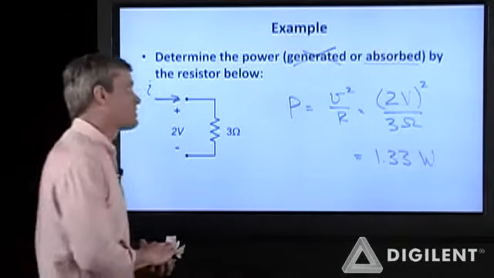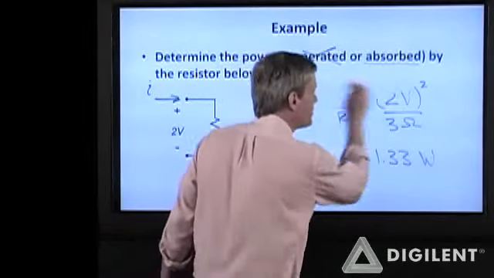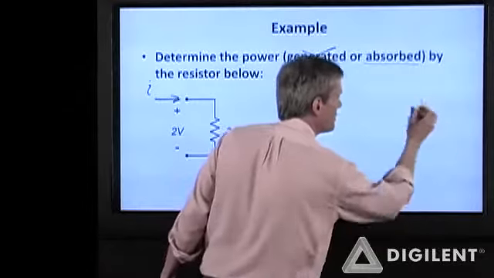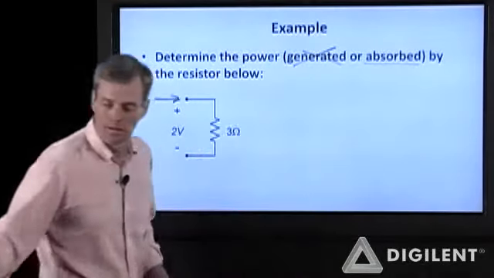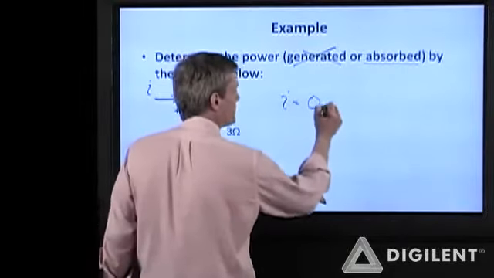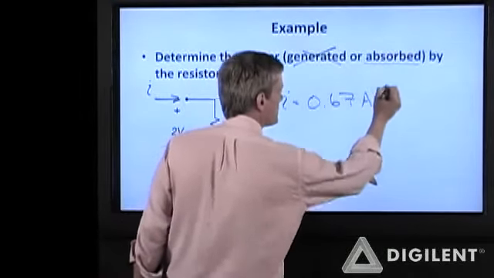Just for kicks, once we'd calculated the current previously, we could use that current directly to get the power dissipation for this resistor. So before, we had I equal to 0.67 amps.